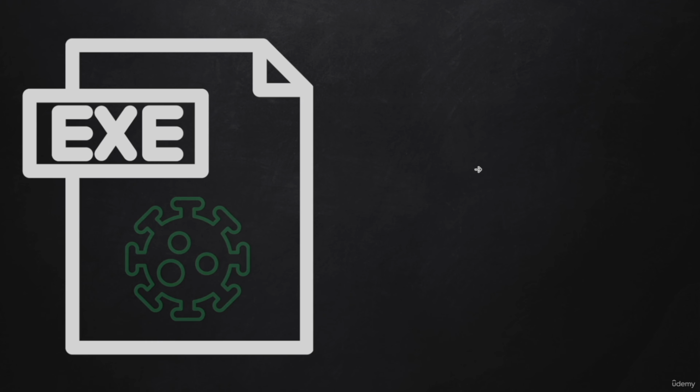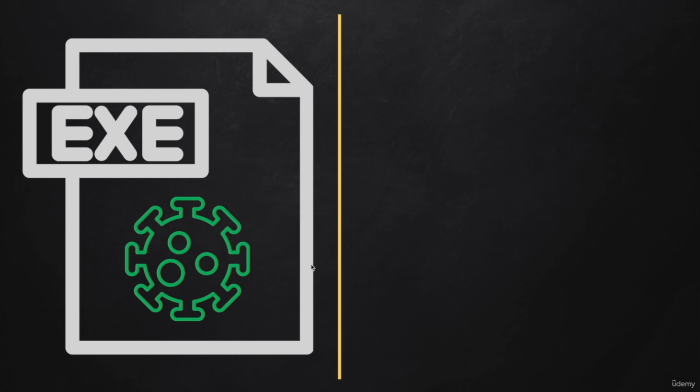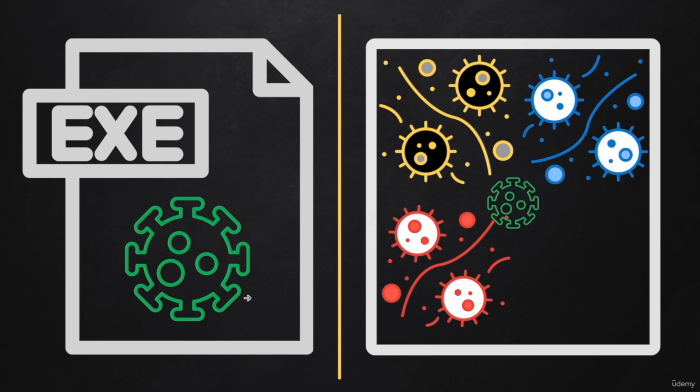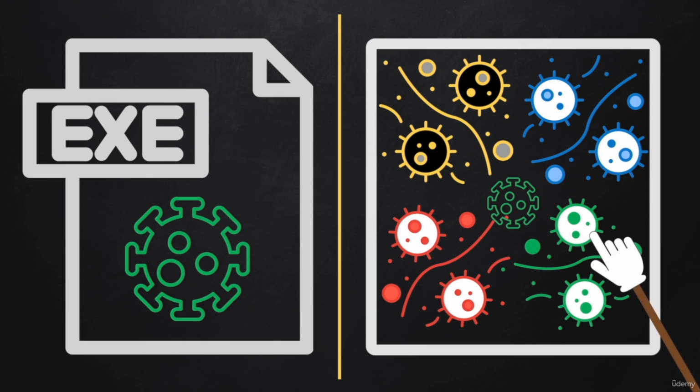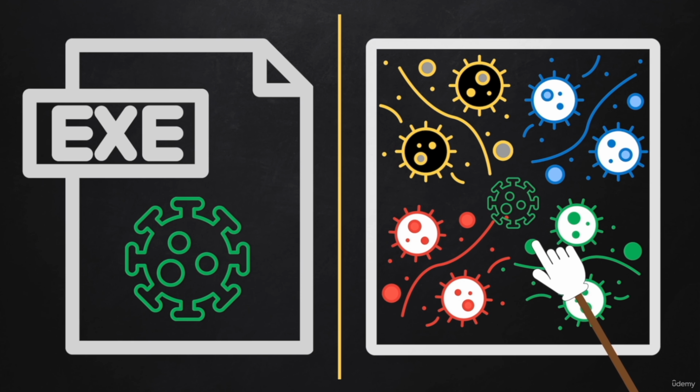The program is going to go ahead and compare the code in this executable to a database of known malware and known threats. And if it manages to find code in this database of known threats that looks similar to the code that is inside your executable, then it's going to know that this executable is harmful. Otherwise, it will not detect this executable.